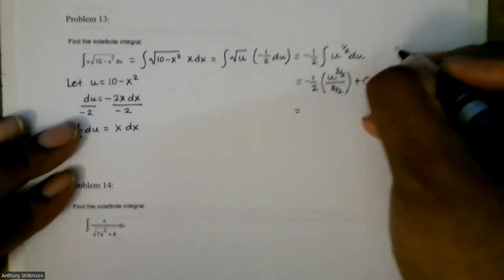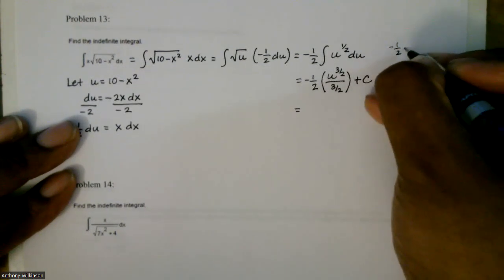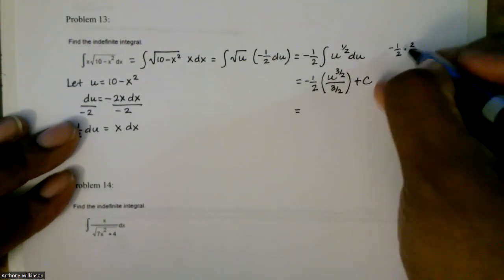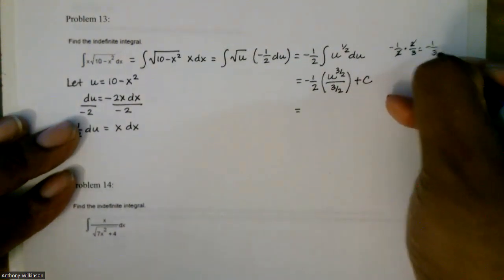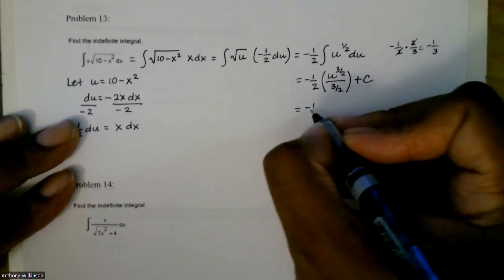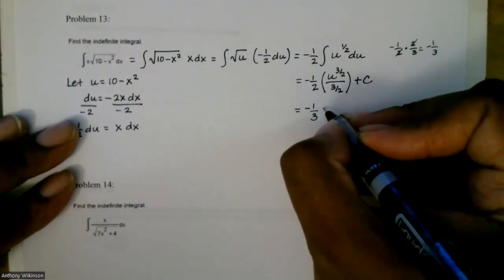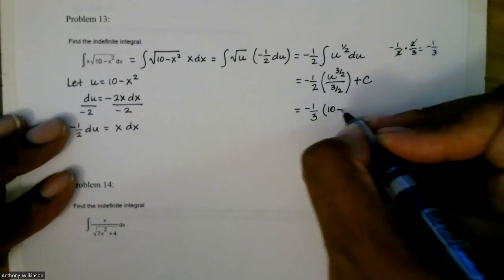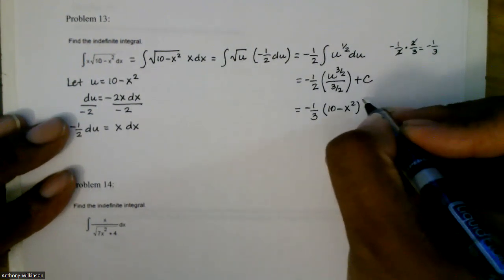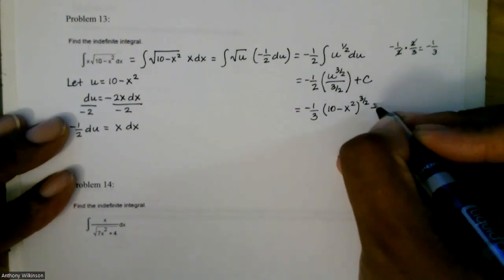So I'm going to do this off to the side: 1/2 times 2/3. You're going to see the 2's divide out. You'll be left with -1/3. So it'll be -1/3, and that u will be back substituted with 10 minus x squared, raised to the 3/2, plus c.